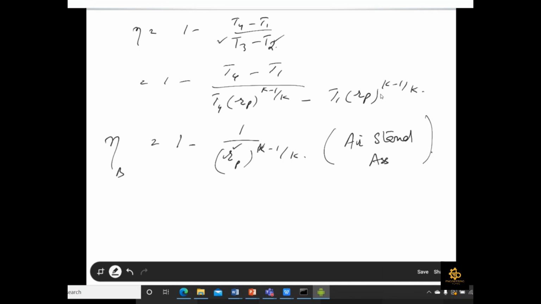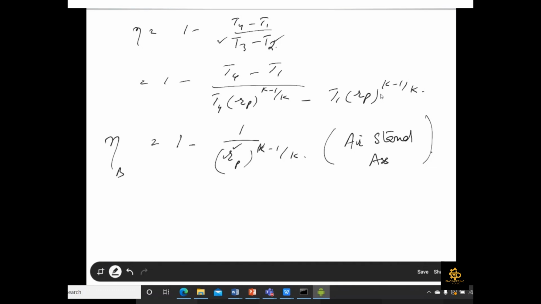If you have any question, you can also ask. Sir, is this pressure ratio the same as what we already studied, the ratio between high pressure and low pressure?